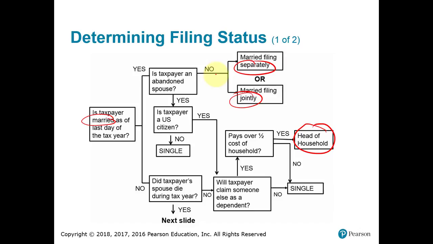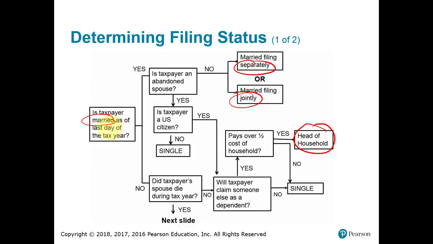Okay, so again, if we have an abandoned spouse that's a U.S. citizen claiming a dependent child, or this one too, paying for more than half of the household costs with that child, our taxpayer that's married can file as a head of household, which is an exception to these filing statuses here.